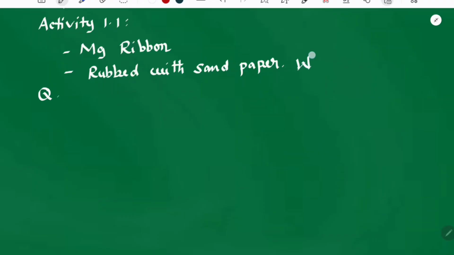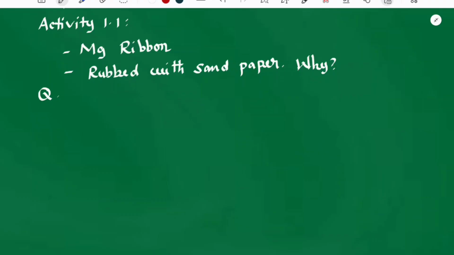Here only I am writing. He said take magnesium ribbon, then he said rubbed with sandpaper. Here my question is why? Why are we rubbing the surface of the magnesium ribbon with sandpaper?